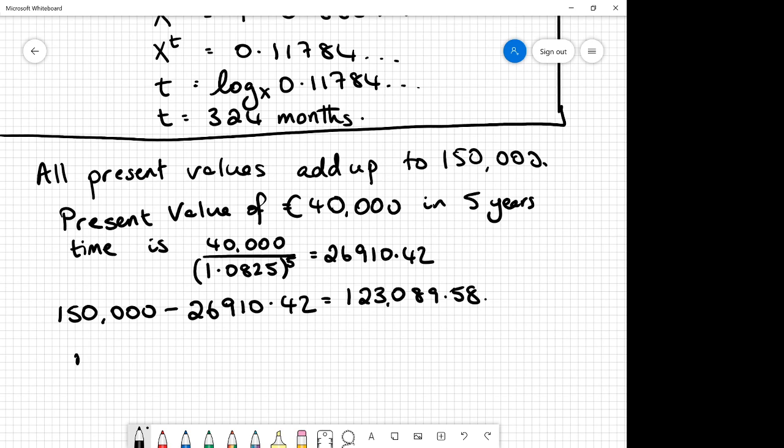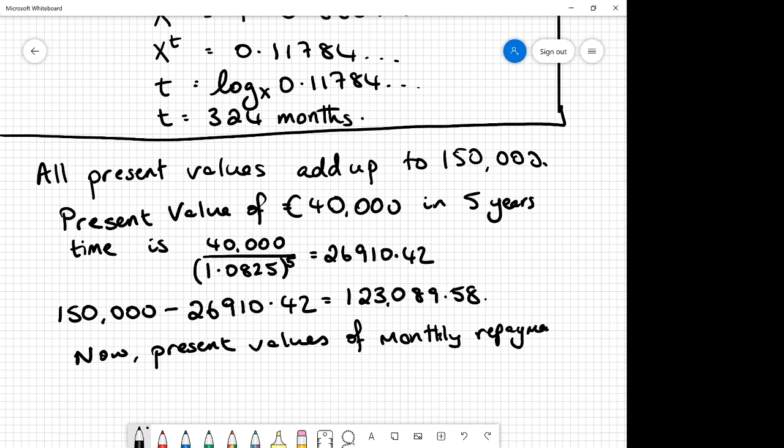And now the present values of the monthly repayments add to 123,089.58.